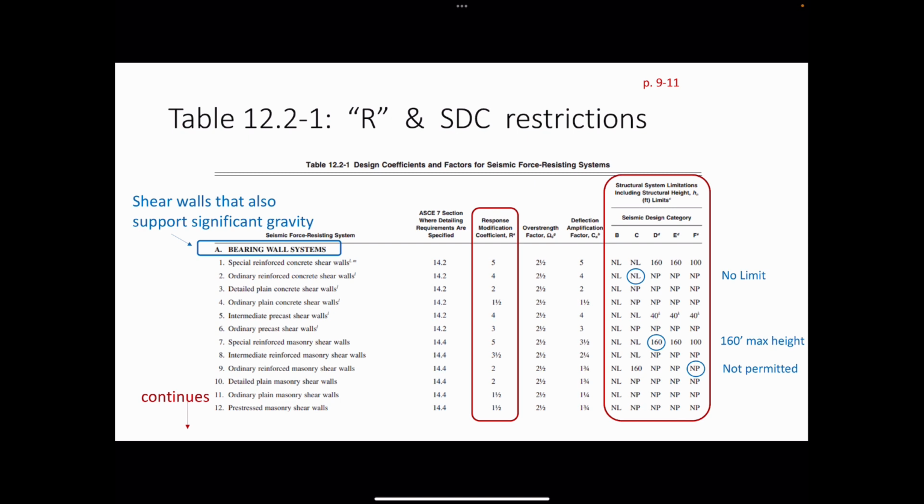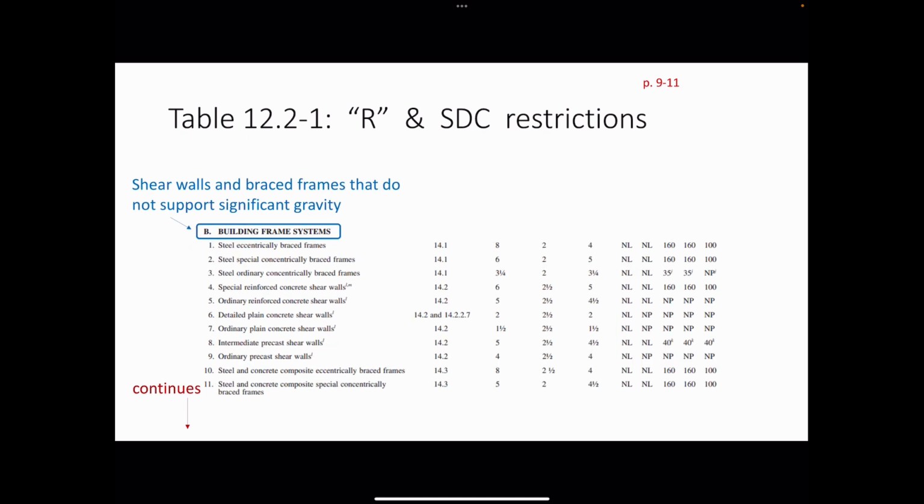The distinction, right, between bearing wall systems and the next category, which is building frame systems, is that the bearing wall systems are also responsible for supporting significant gravity. So those shear walls not only are necessary to resist the large seismic loads, but they also have to support a lot of the vertical loads of the building.